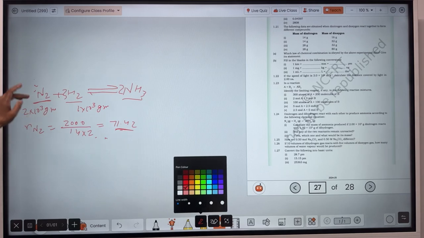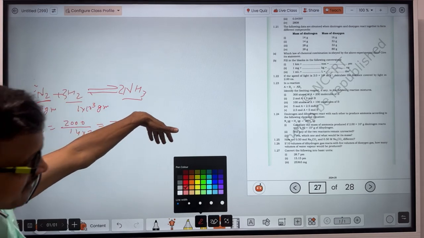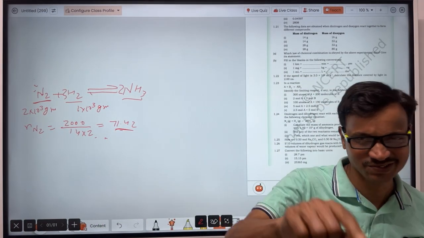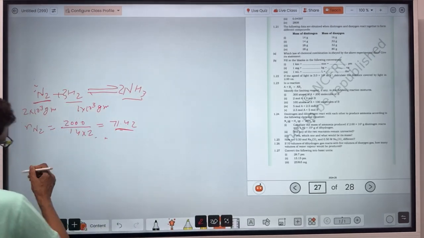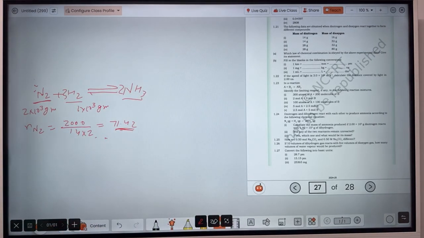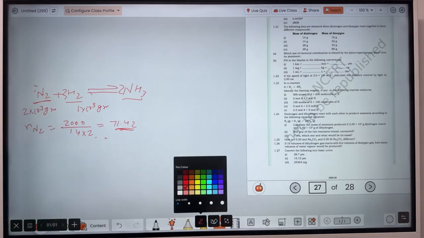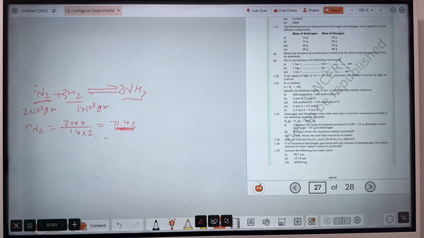Now let's see. 1 mole of nitrogen reacts with 3 moles of hydrogen. I have written that, so you will have to watch your notebook also. So 1 mole of nitrogen here means the number of moles of hydrogen required for the reaction will be how much? 71.42 into 3. Why? Because 1 mole of nitrogen reacts with 3 moles of hydrogen. So 71.42 moles of nitrogen will react with how much?